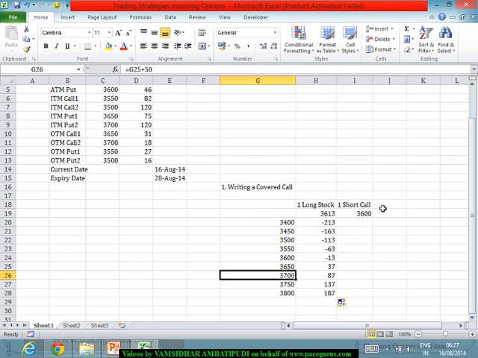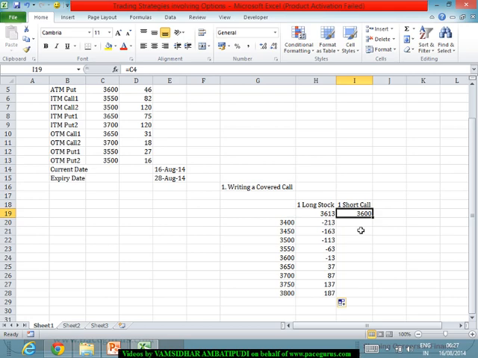Then I would look at one short call, which means I have sold the call option. The person who has purchased the call option has the option to purchase the share at 3,600 if he wants; otherwise he can let it expire.